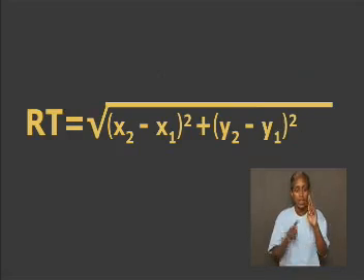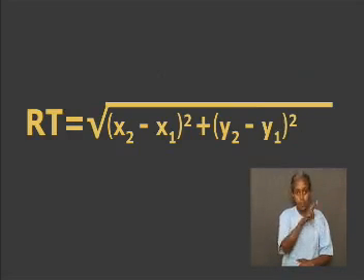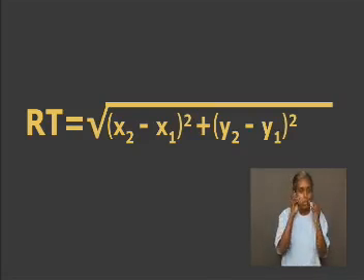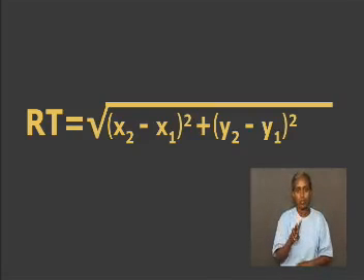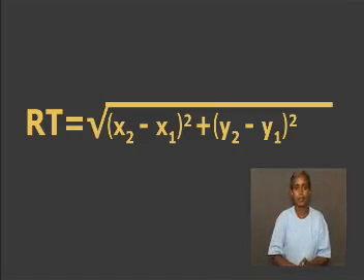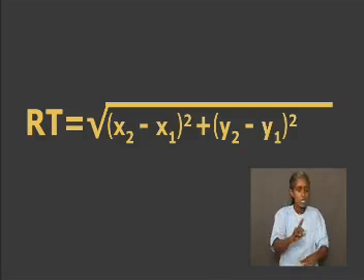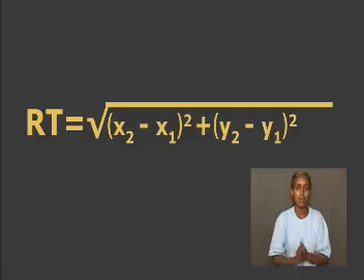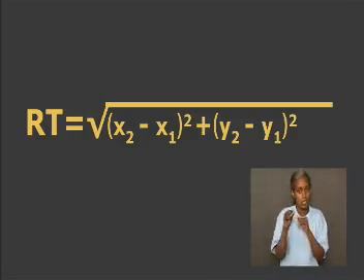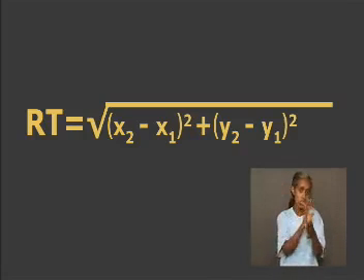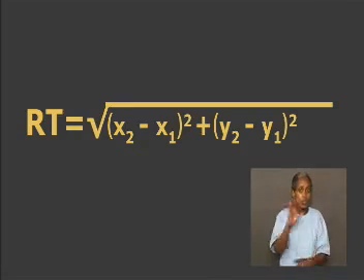RT equals the square root of x2 minus x1 squared plus y2 minus y1 squared. This is called the distance formula. Students, please use the distance formula to find the length of RT.